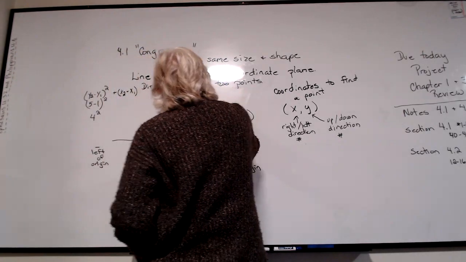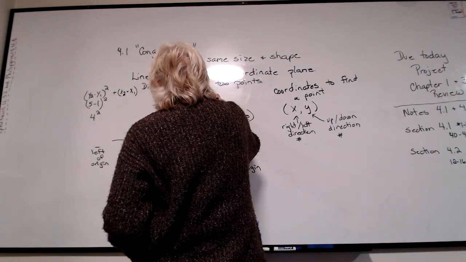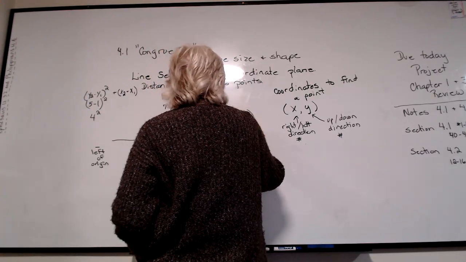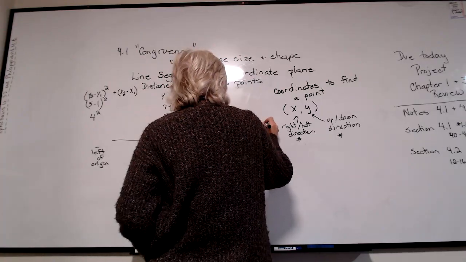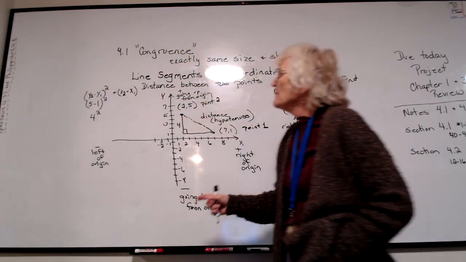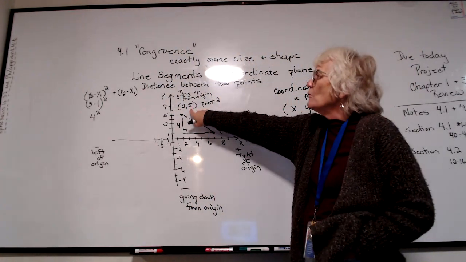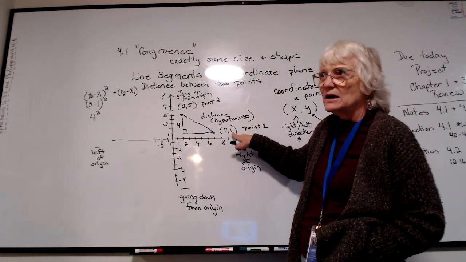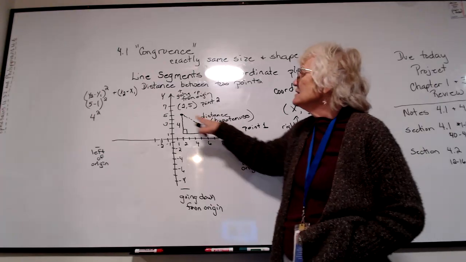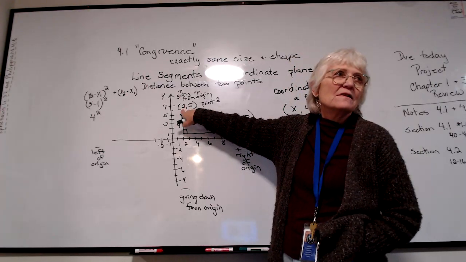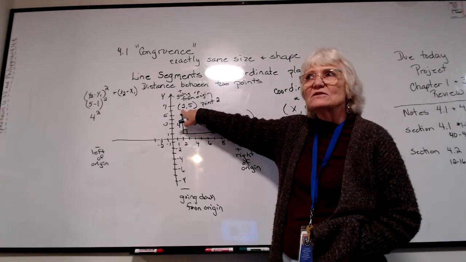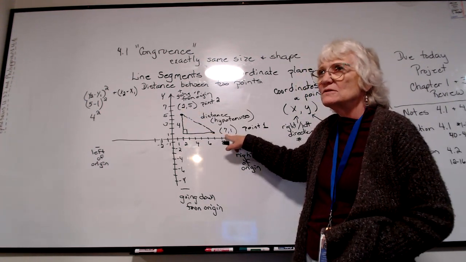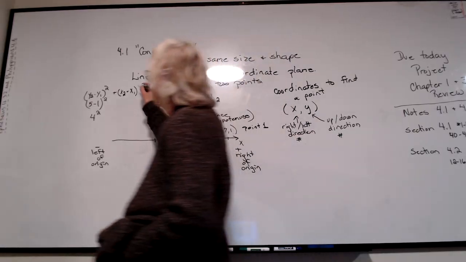So I'm calling this one point 2, and this one is point 1. So the y value in point 2 minus the y value in point 1. I should be consistent then to go the x value in point 2 minus the x value in point 1. Okay, we're going to square that.